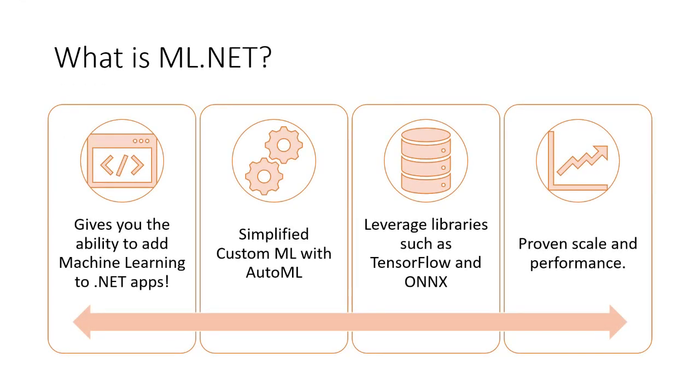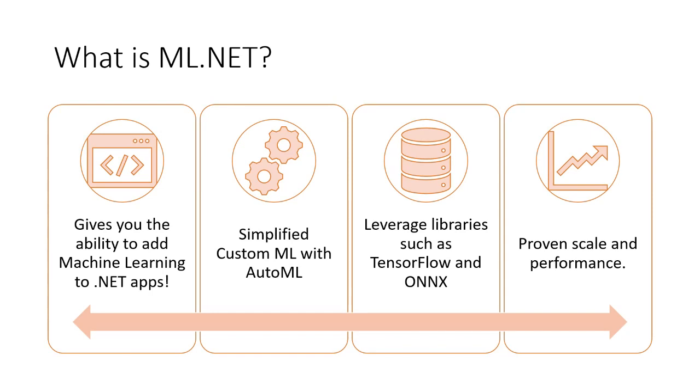So let's start with what ML.NET is. ML.NET gives us the ability to add machine learning capability to both our online and offline .NET applications. And essentially, we can make predictions using the data available within our applications using ML.NET. Now, central to ML.NET is the idea of a machine learning model. And this model specifies the steps needed to transform our input data into predictions.